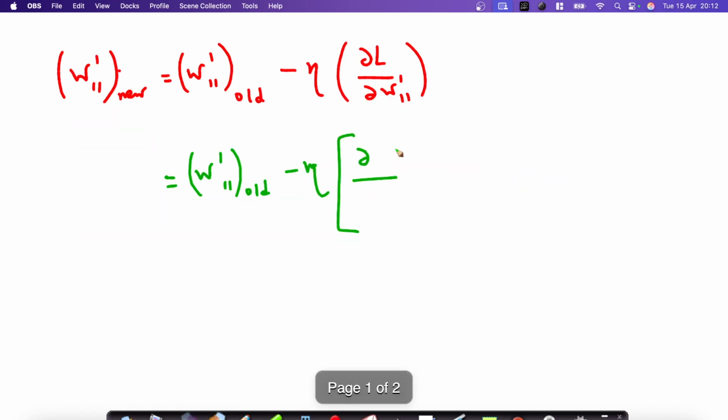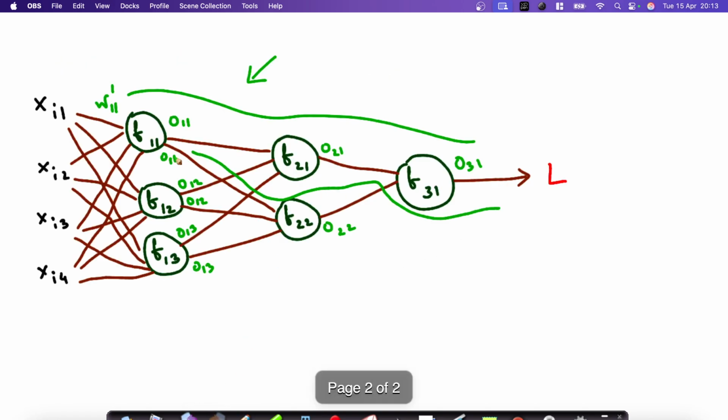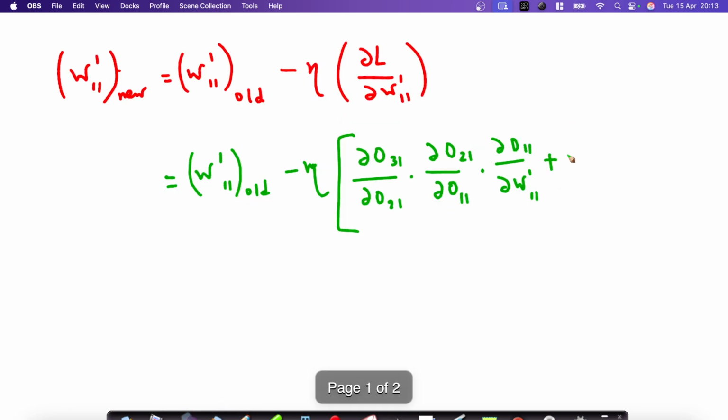You already know this. So let us just rewrite it. That way it will be very helpful. So derivative of O31 with respect to derivative of O21 multiplied by O21 with respect to O11, O11 with respect to W11, right? This is the first term, and the second term will have the second path, which is this second path, right? So O31 with respect to O21, O21 with respect to O11, O11 with respect to W11. That's it. So this is very crucial.